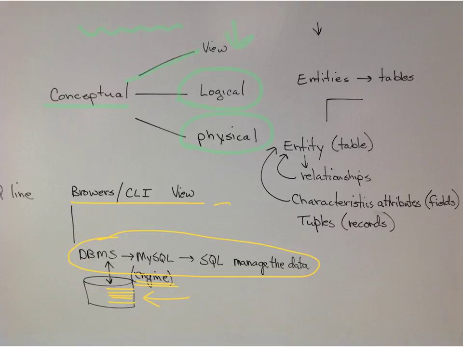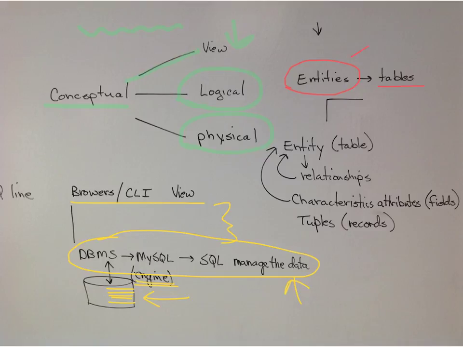Now, this whole area in here is what we study. How do we organize the data? How do we see it logically in order for this to function? So let's look at some terms. When we think about databases, one of the first keys is to understand what the entities are, very often referred to as tables.